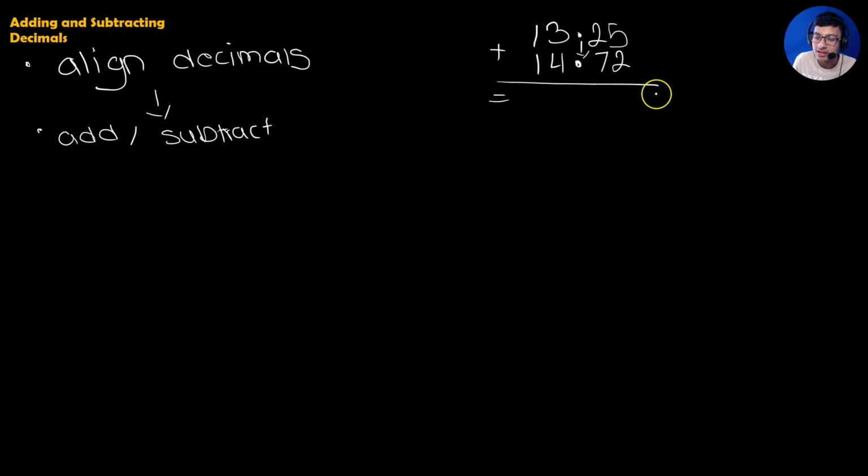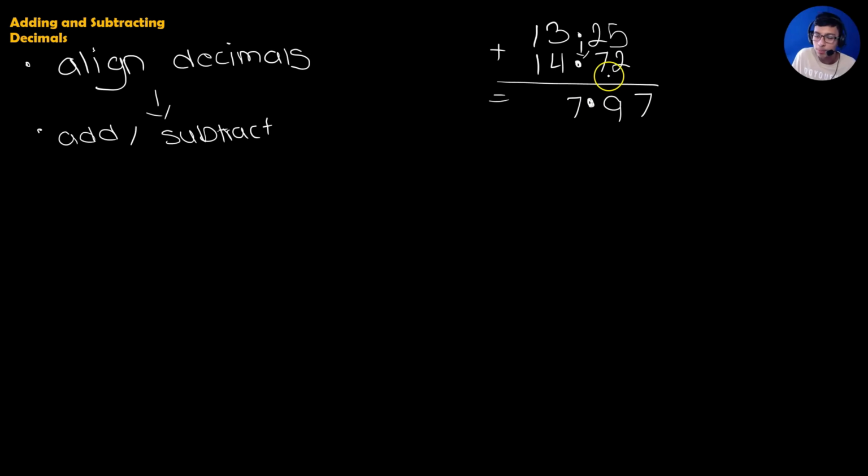So 5 plus 2, 7, 7 plus 2, 9, 4 plus 3, 7. Don't forget, just like I did, to always add the decimal. Whatever place the decimal is, we will always add it once when we are adding or subtracting, to keep the decimal at the right place.